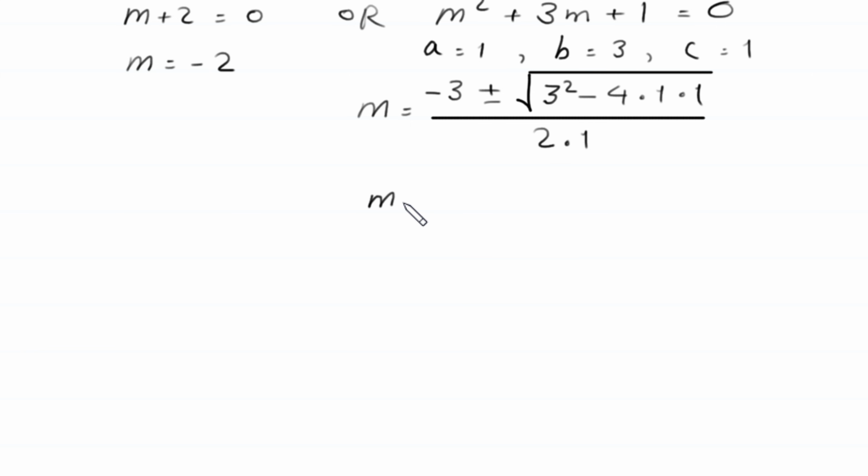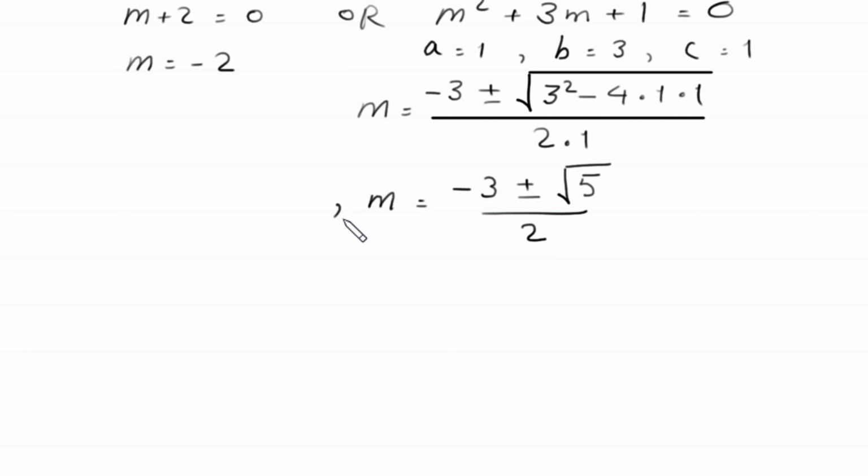Next, m is equal to negative 3 plus or minus square root of 3 squared is 9, and 9 minus 4 is 5, divided by 2.